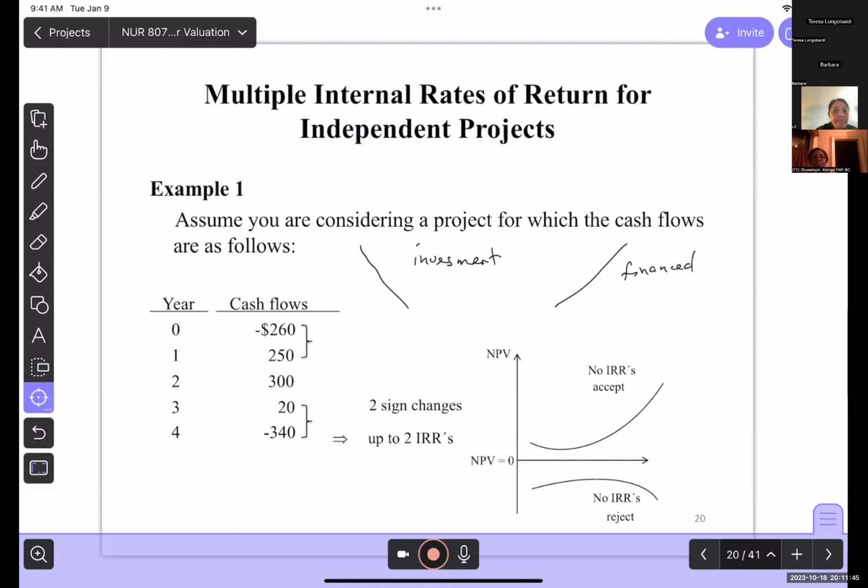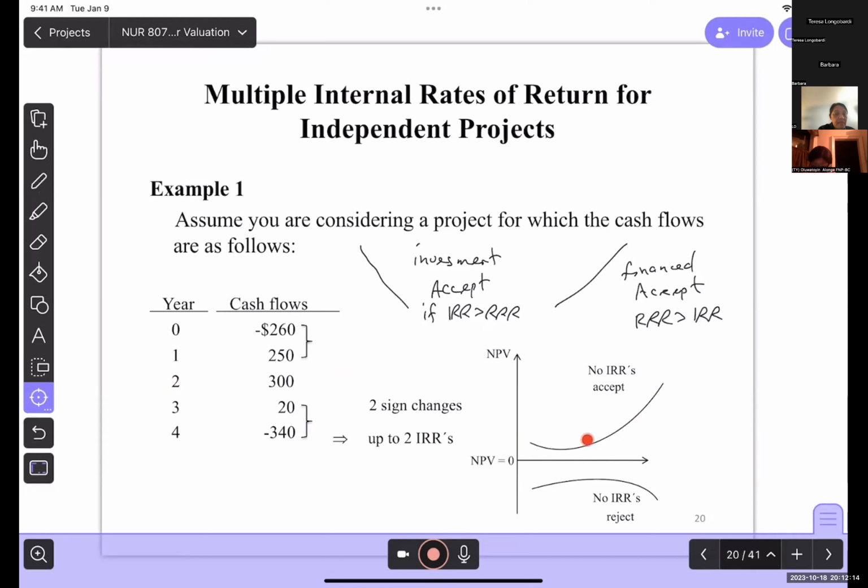But the point is that in this case, we said accept if the IRR was greater than you require. And here you accept if the required rate of return is higher than the IRR. It's not so straightforward when there's a sign change. You actually have to make the NPV profile and stare at the curve.